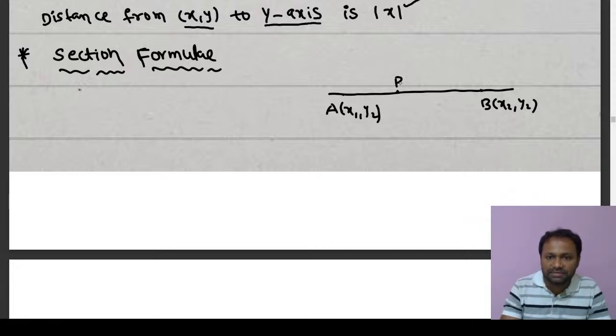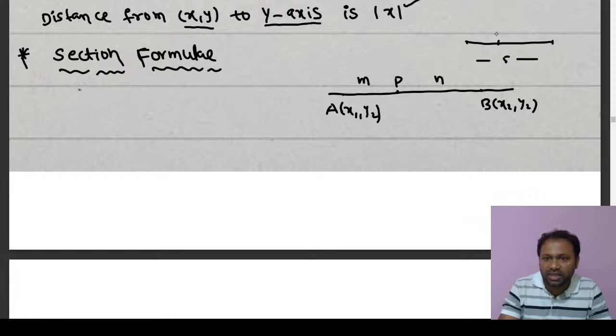The point is P, which is dividing in the ratio m is to n. Suppose from here to here 5 meters are there in total.